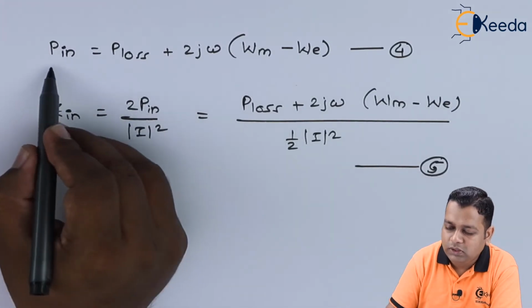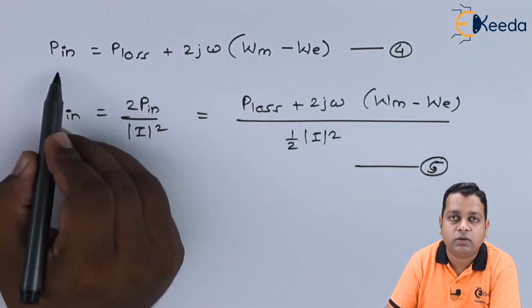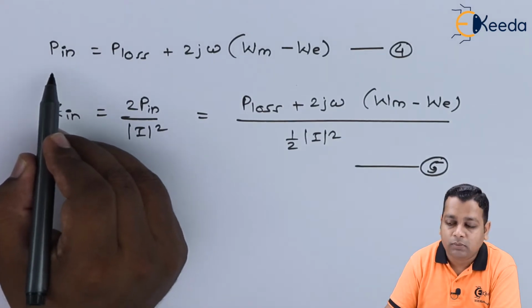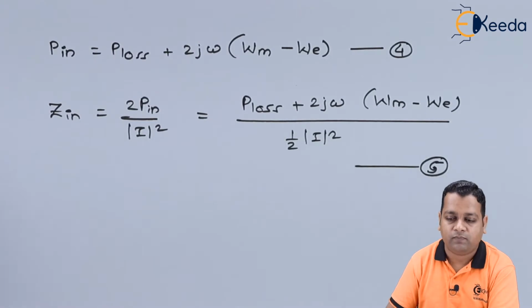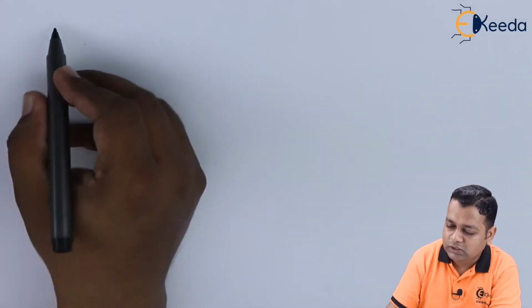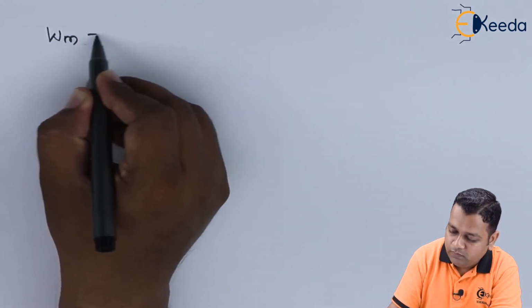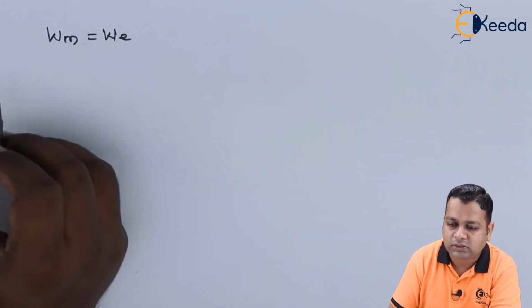So we have the representation of the complex form of the power delivered to the parallel circuitry of lumped elements, as well as the input impedance. As discussed in the previous topic, that was the series resonant circuit, and now we are dealing with the parallel resonant circuit. The resonance condition occurs when the stored energies in the magnetic and electric forms are equal, that is, W suffix m is equal to W suffix e.